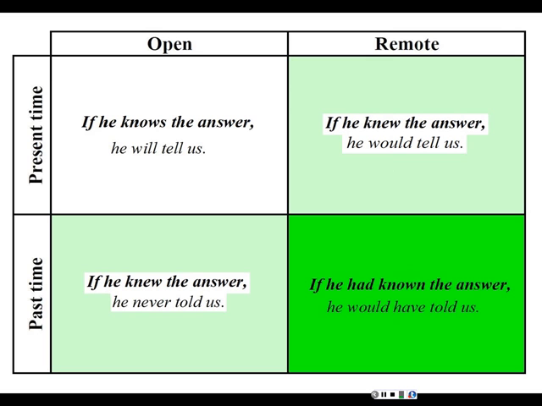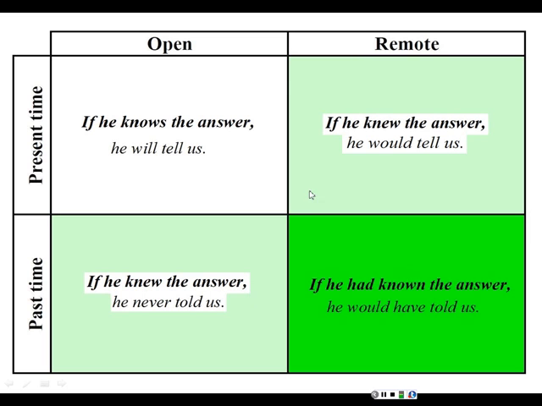Now, let's look at the bottom left here. Past time: If he knew the answer, he never told us. So it's an open conditional. It means maybe he knew the answer, maybe he didn't know the answer. We just don't know. But in any case, if he knew the answer, well, he never told us that he knew.